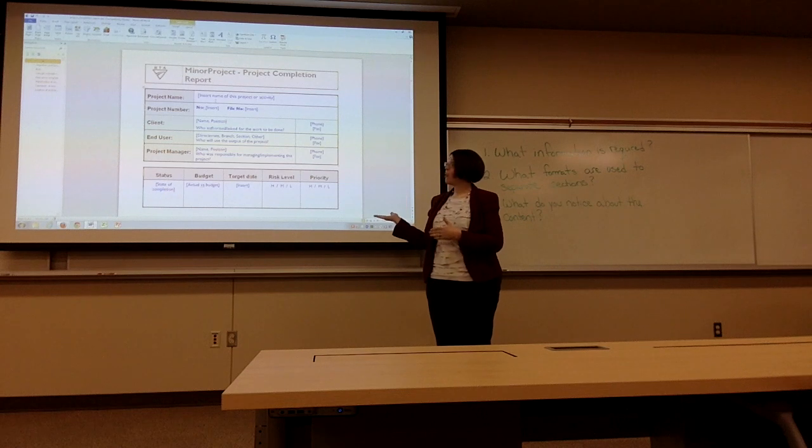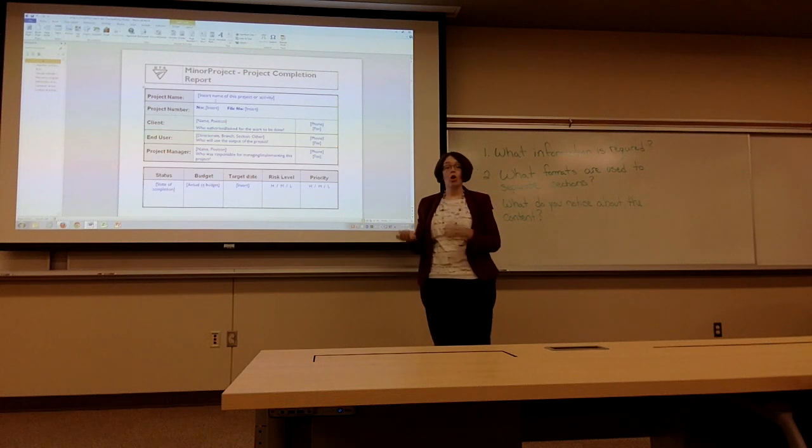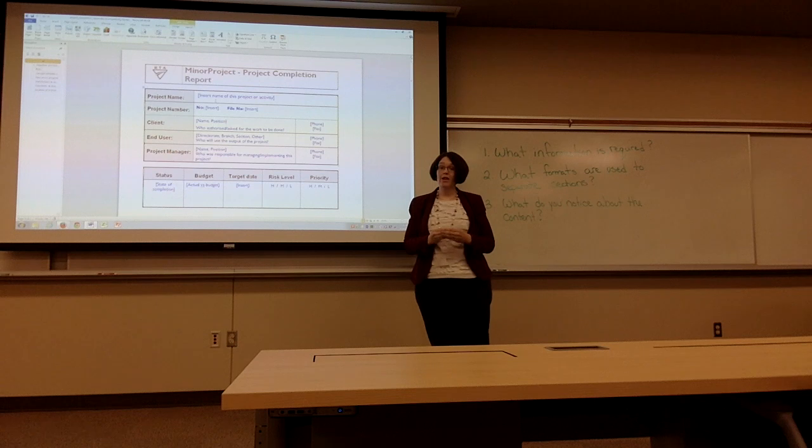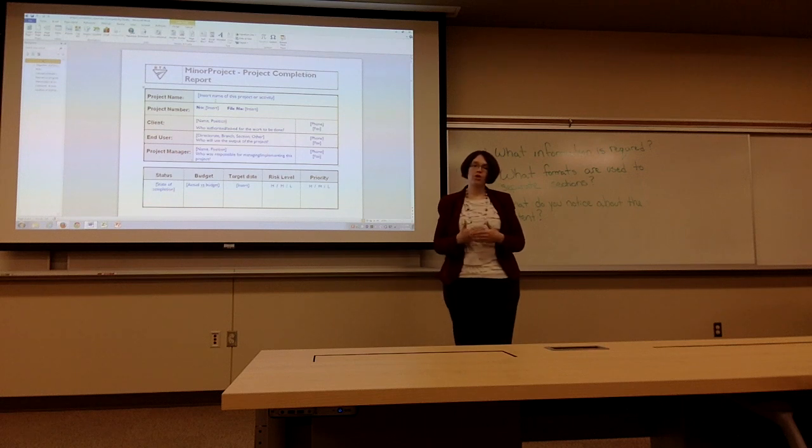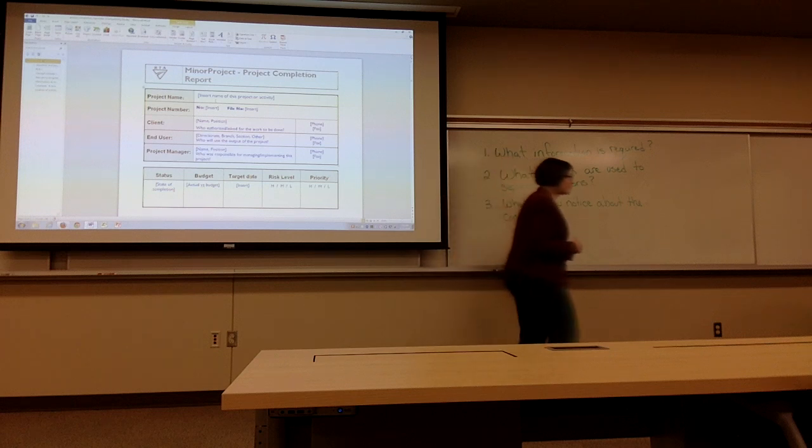All right, now that we've had an opportunity to discuss this prompt, we're actually going to practice in class. So what I'd like you to do is go on ahead and open up Canvas, go to Collaborations, and open up the Project Completion Report collaboration on Ethernet pad that you have in front of you.